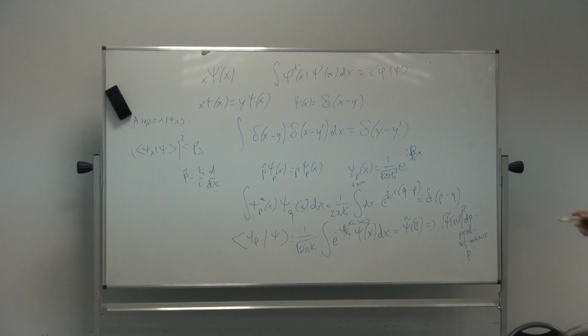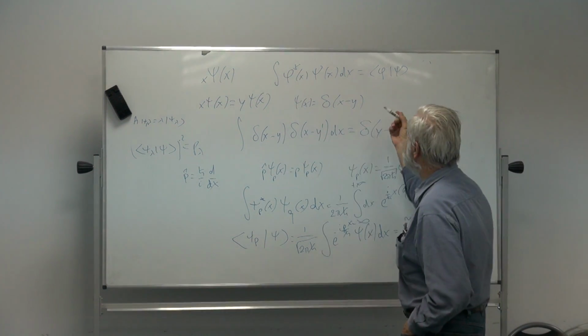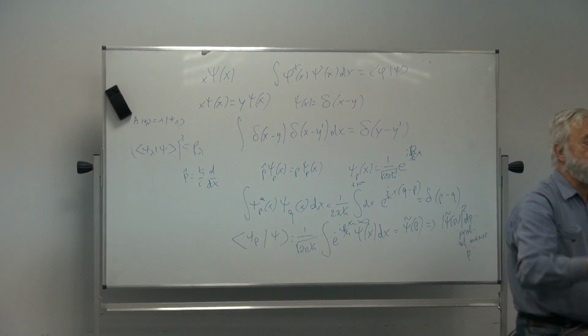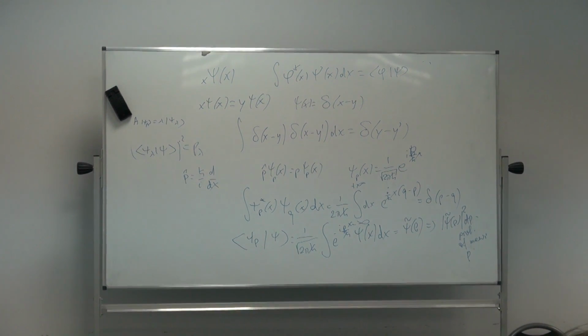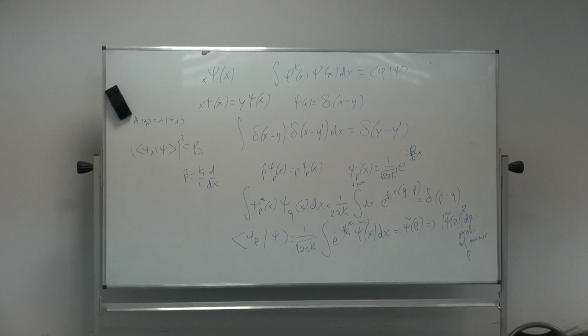If this is the momentum distribution, and a moment ago I had the position distribution, then if someone were to ask me about variances or some higher moments, then if I have a distribution, all it takes is to multiply it by the proper power of this quantity and then integrate.